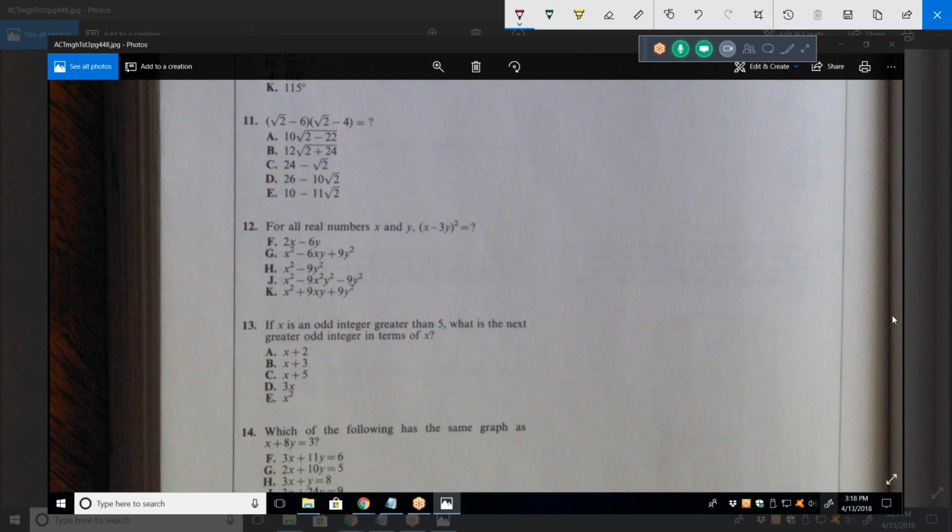You need to know what an integer is. You need to know what an odd is. Isn't integer just a solid number? Whole number, yes. In other words, no fractions, no decimals. The integers are 1, 2, 3, 4, 5, 6, 7, 8, 9, 10. And actually, they go negative also. 0, -1, -2, -3, and so forth.